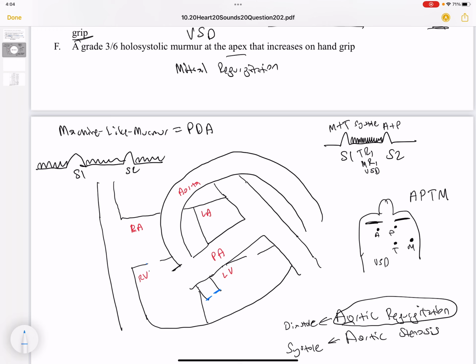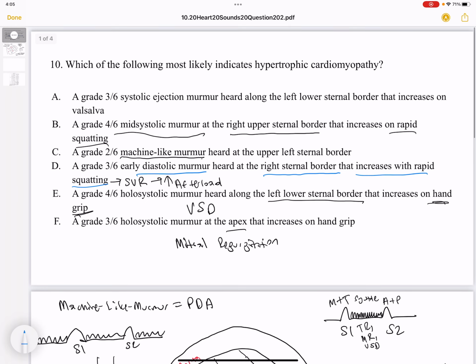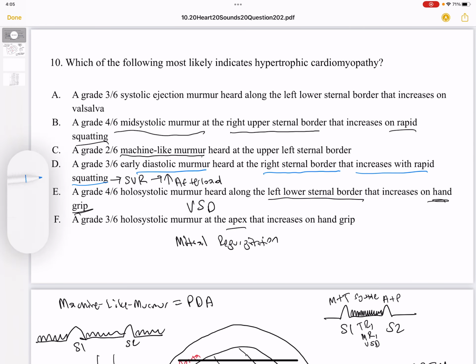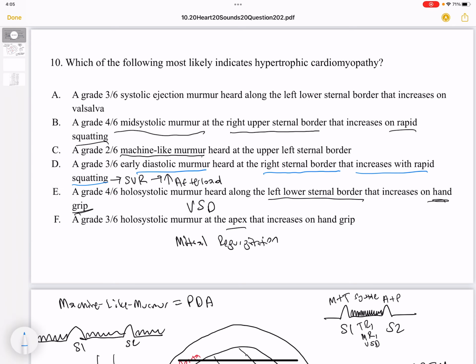Because squatting is going to increase systemic vascular resistance, it is going to ultimately increase the afterload. And that is why we experience an exacerbation in the murmur. So as we said, answer choice B is aortic stenosis. And we said answer choice C was patent ductus arteriosus.